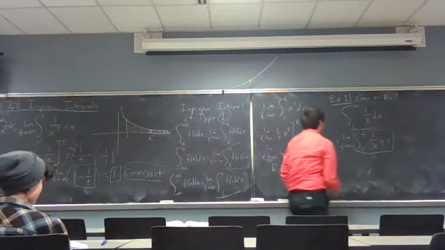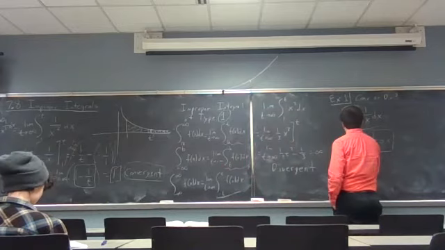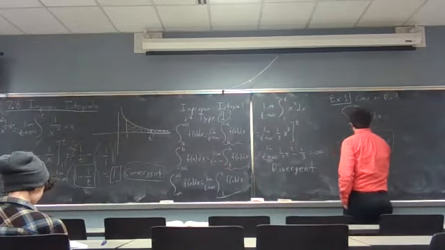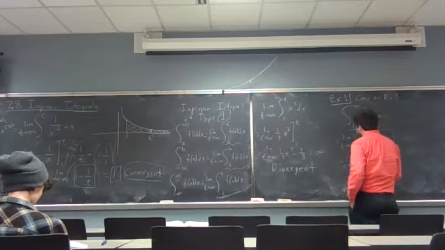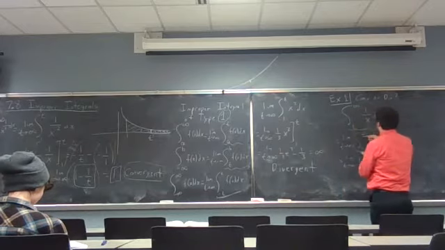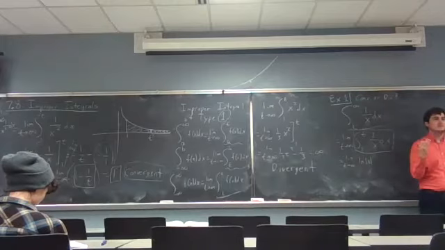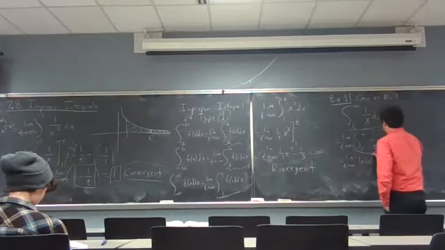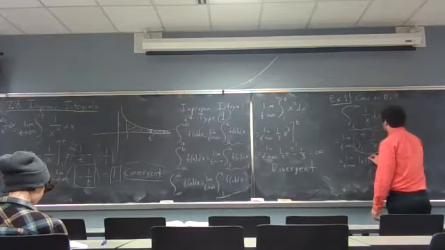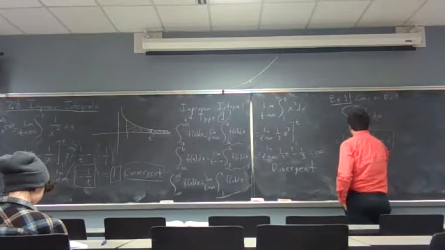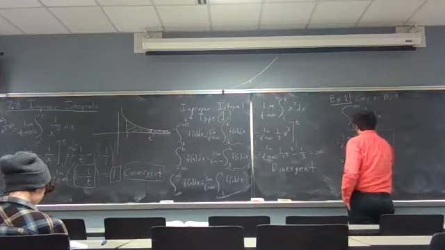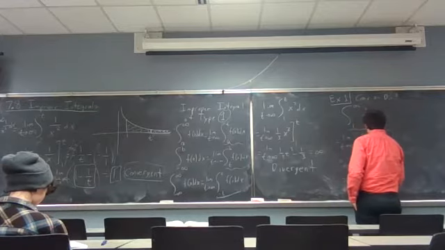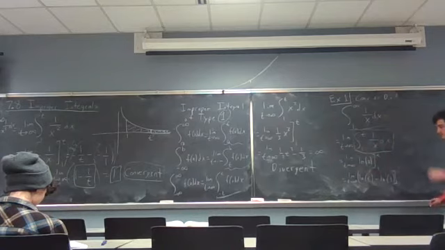Yep, absolutely. It's the natural log, and technically the absolute value of x. It doesn't matter too much since we're in the range of positive numbers anyway, but I digress. Natural log of the absolute value of x, from 1 to t. So I get the limit as t approaches infinity of the natural log of t minus the natural log of 1. What is the natural log of 1? 0. Good. So that just becomes 0.